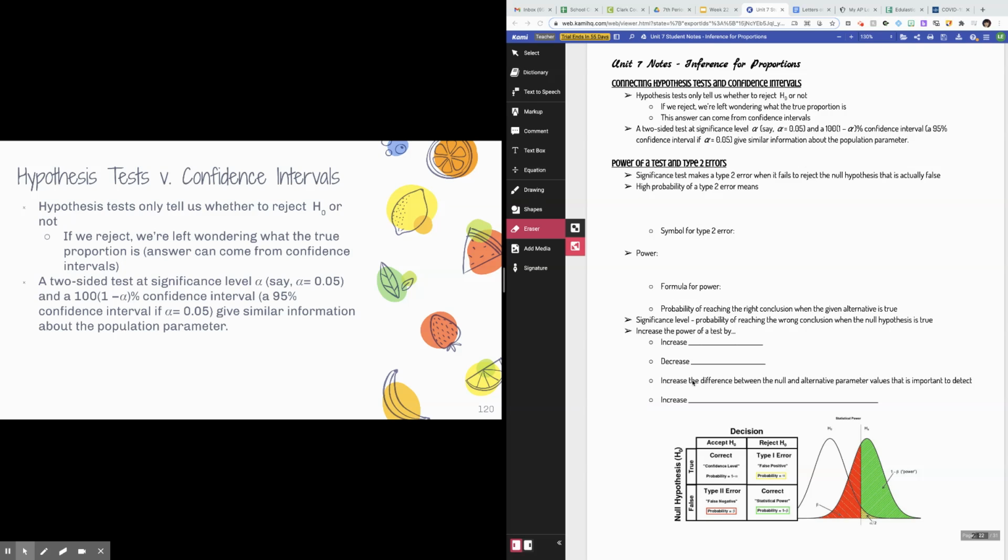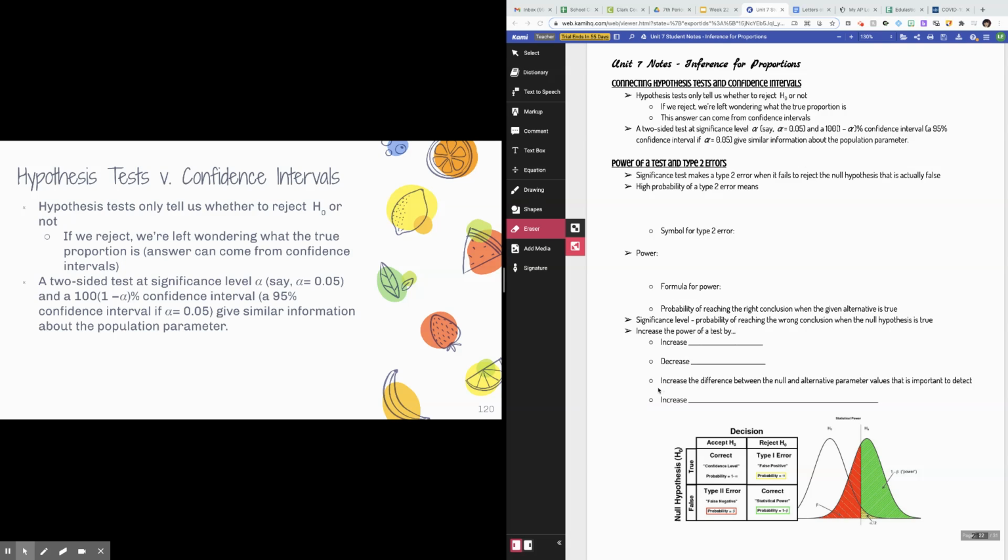Another important connection between hypothesis tests and confidence intervals is when you're looking at a two-sided test at a particular significance level, so say alpha is 0.05, that will give you about the same amount of information as a 1 minus alpha percent confidence interval. So a hypothesis test where alpha is 0.05 will give you similar information to a 95% confidence interval. They're going to tell you similar things about the population parameter.